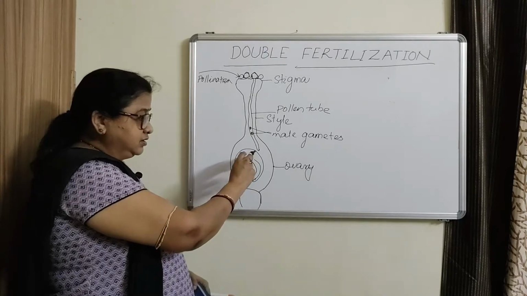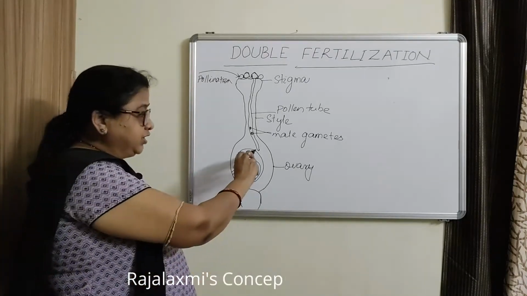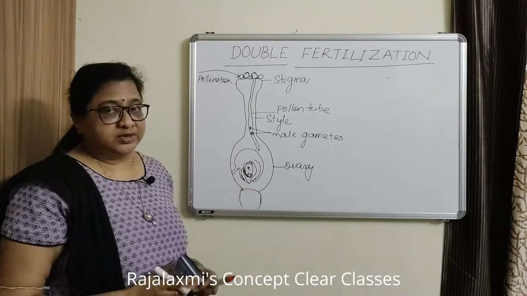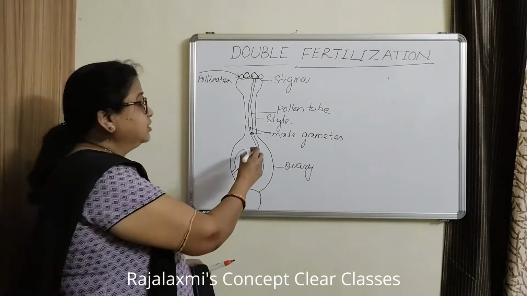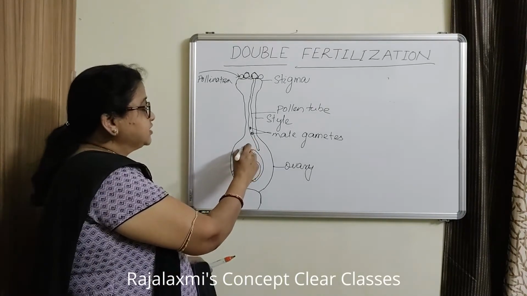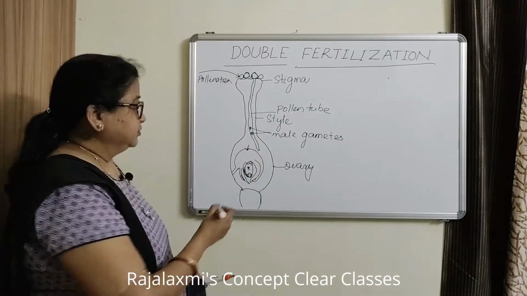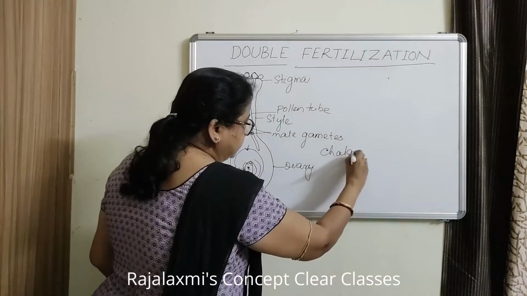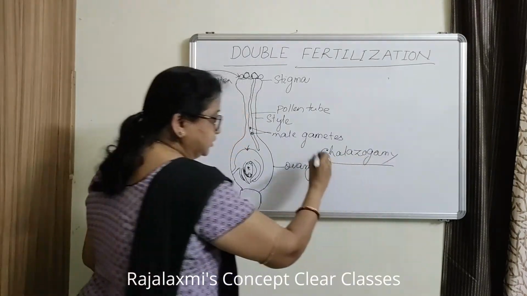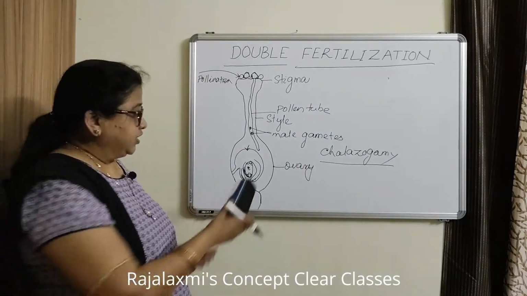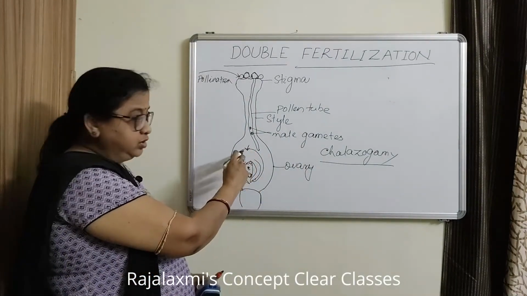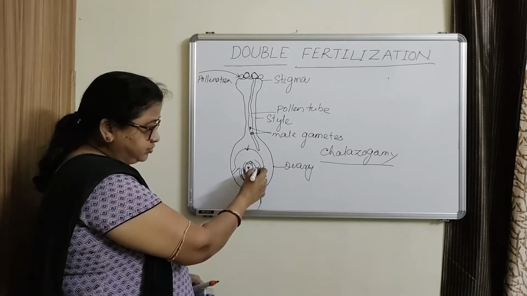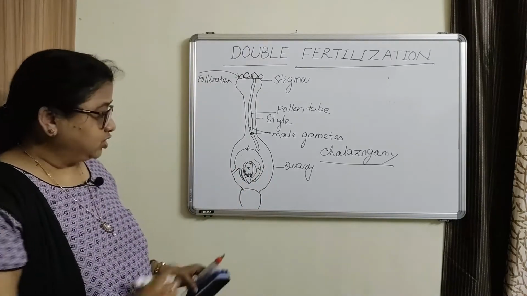After reaching the ovule, the pollen tube can enter the ovule by one of three means. It can enter through the chalazal end of the ovule, known as chalazogamy. Sometimes it enters through the side of the ovule, that is through the integument.